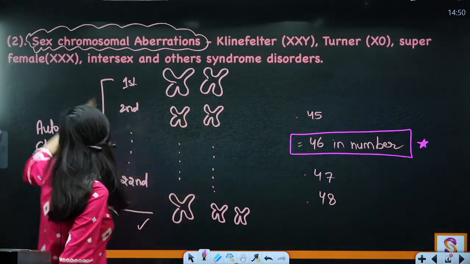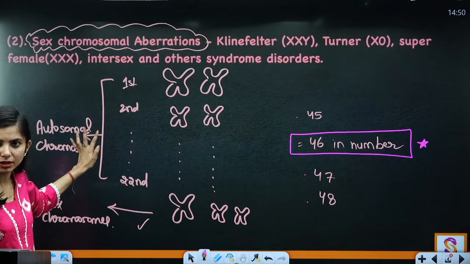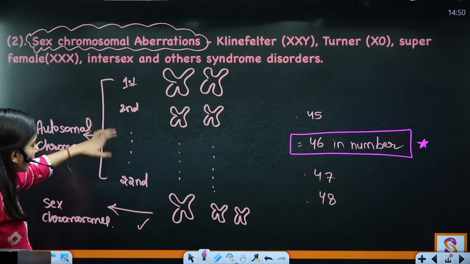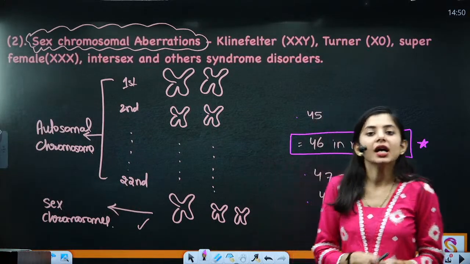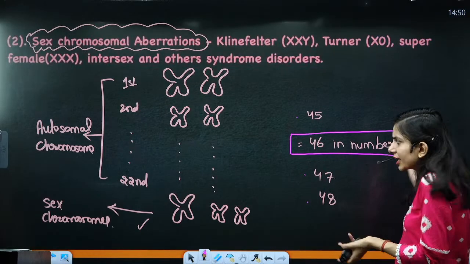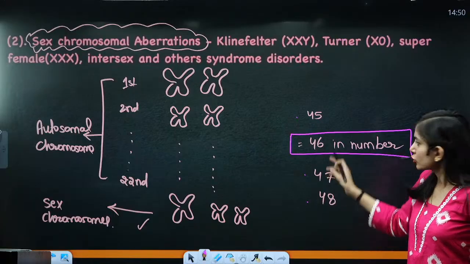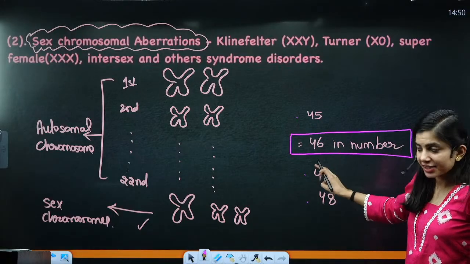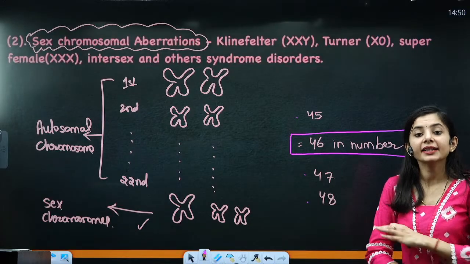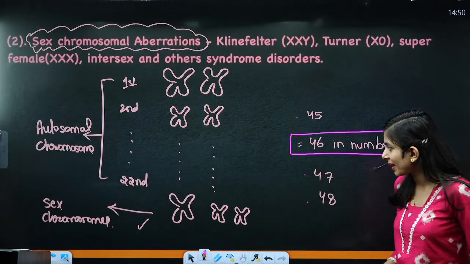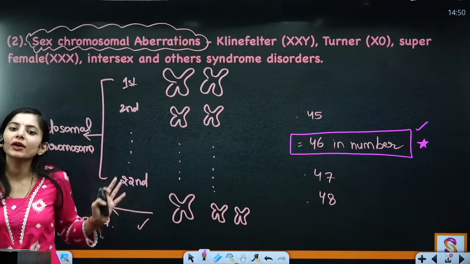Now, there may be some sort of aberration in the autosomal chromosome. Again, if there is any change in autosomal aberration, there is going to be addition. Again 46, maybe 47, maybe 48. So the number, in terms of addition or subtraction, cannot determine whether there are changes in the autosomal or in the sex chromosome.